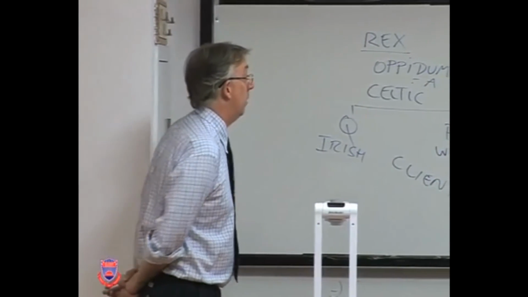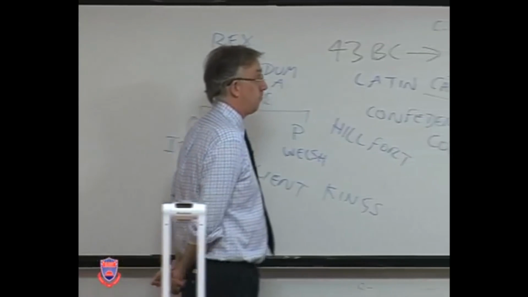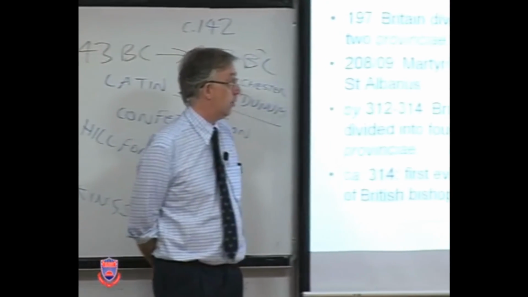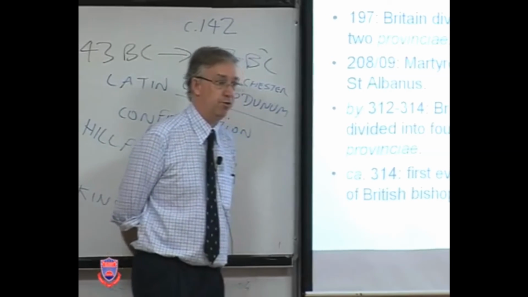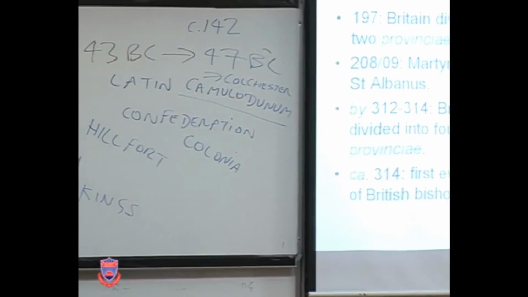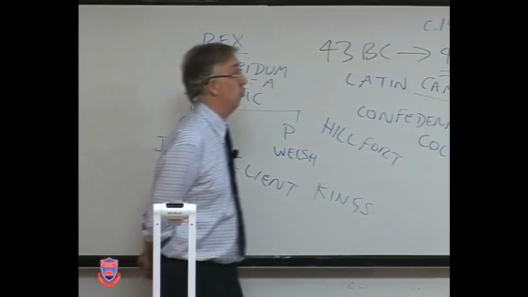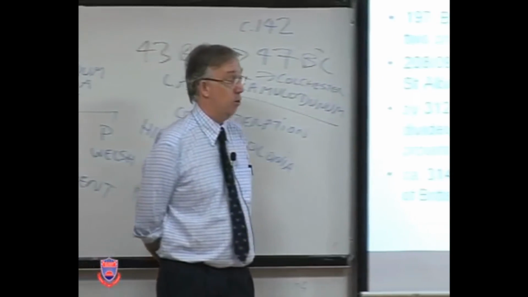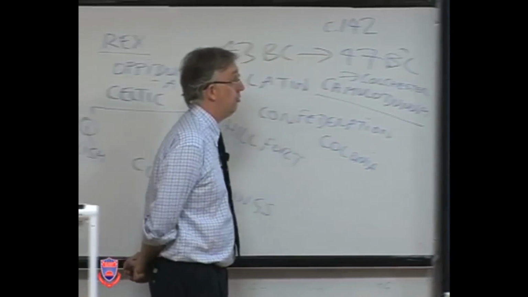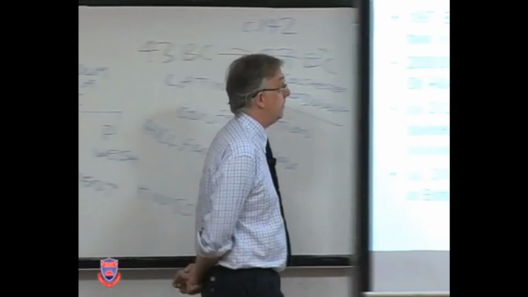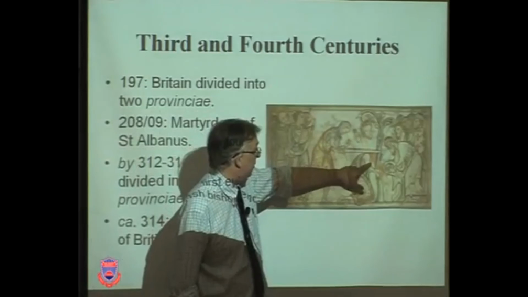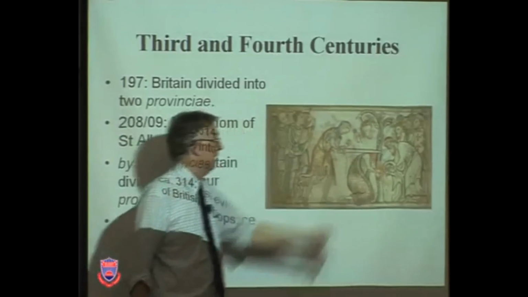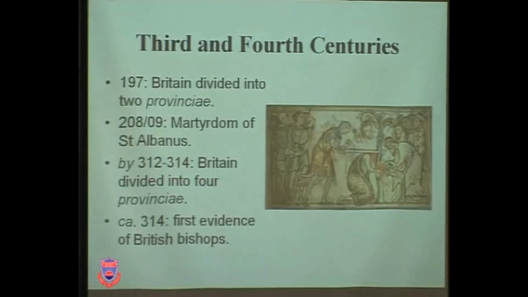So St. Alban, okay, was one of these early Christians before the time of Constantine's conversion, before the time when Christianity becomes less persecuted and then eventually becomes the official religion of the Romans. We already had Christians in Britain, and here is a medieval depiction of the martyrdom of St. Alban, okay, having his head cut off there, and rather gory image of his blood flowing off and so on.